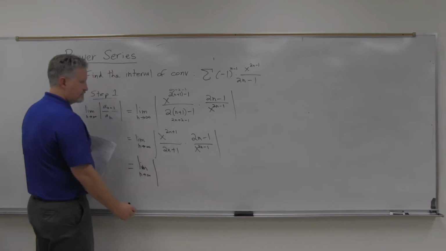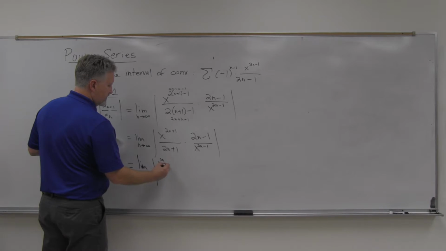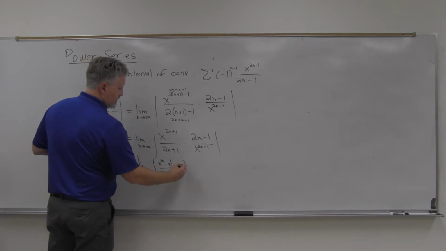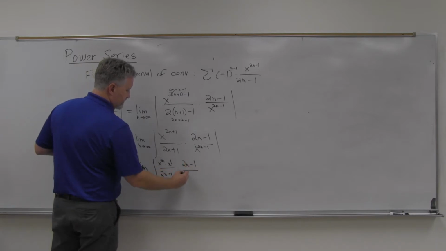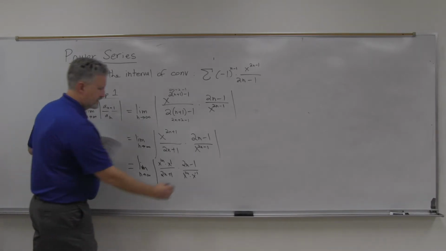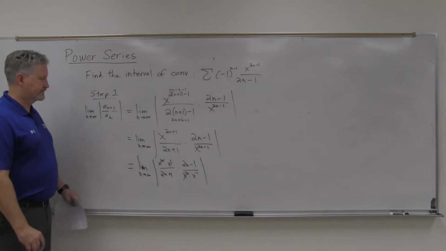Well, good news is, this x to the 2n times x to the first, and then this is x to the 2n times x to the minus first. Split those out, because those x to the 2n's are going to cancel.